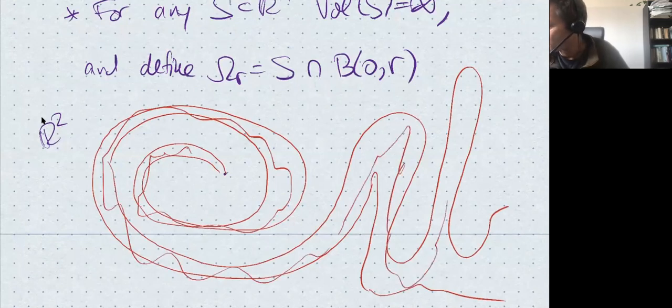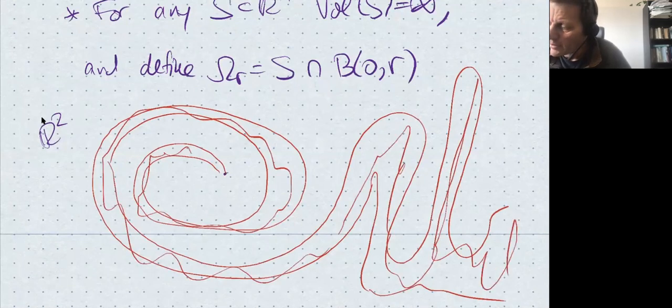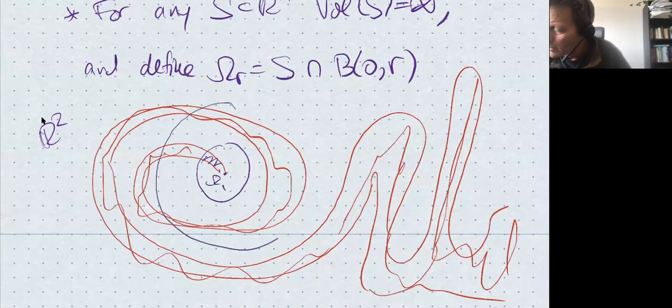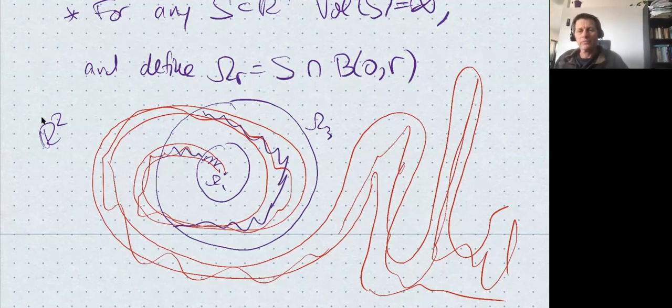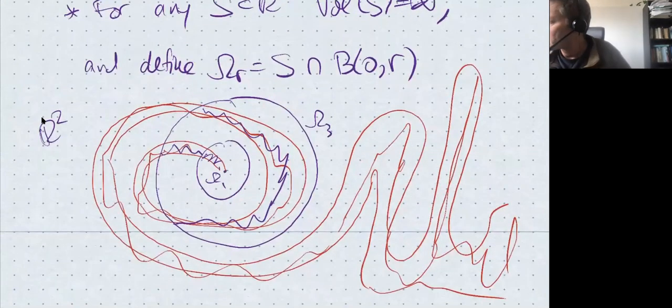That's this red set, and the parameter is measuring the volume of the ball. So this would be omega 1, maybe this would be omega 3, everything that's in here, etc. I hope I made this more or less clear. It's any collection that grows with the parameter, and it doesn't have to fill up space in any way. It just has to grow and acquire infinite volume. So that's the notion of an unbounded ordered family.